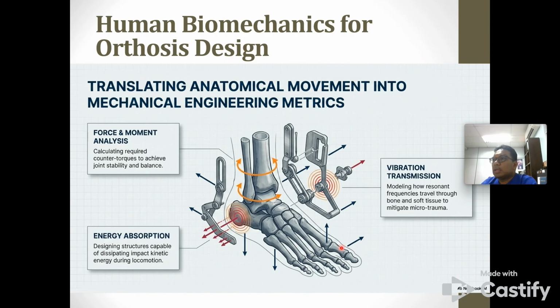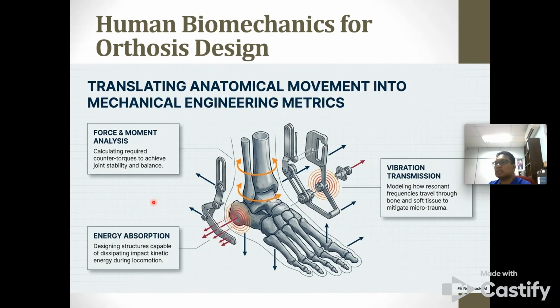So this is how, from the medical side, we translate this anatomical movement into mechanical engineering metrics. First, you can measure the force and moment analysis, calculating the required counter torque to achieve joint stability, and then energy absorption.